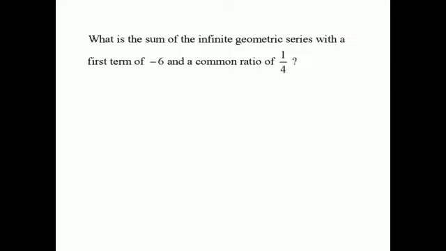What is the sum of the infinite geometric series with first term minus 6 and common ratio 1 by 4? You have to write the things which we know, then write the formula: S infinity is equal to A1 by 1 minus R. Apply the values we know: A is minus 6 and R is equal to 1 by 4.